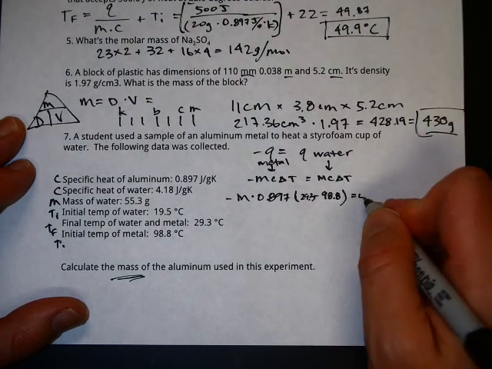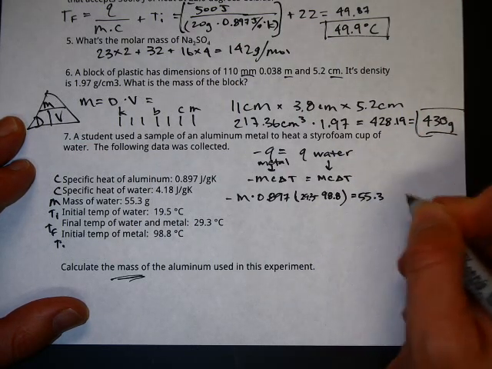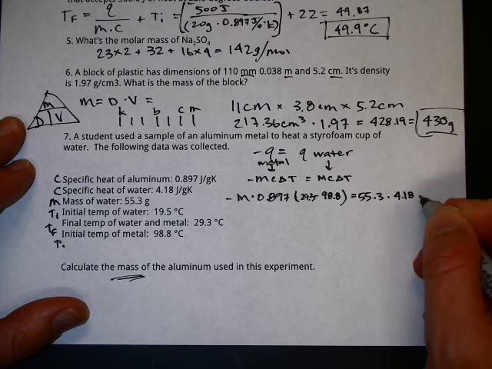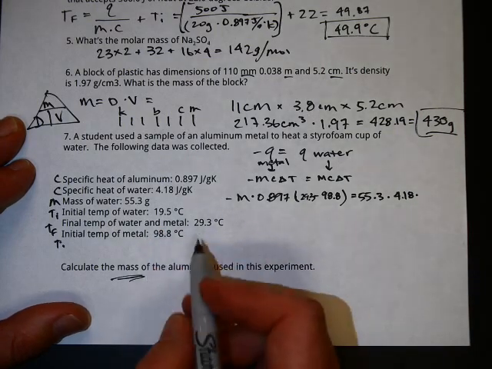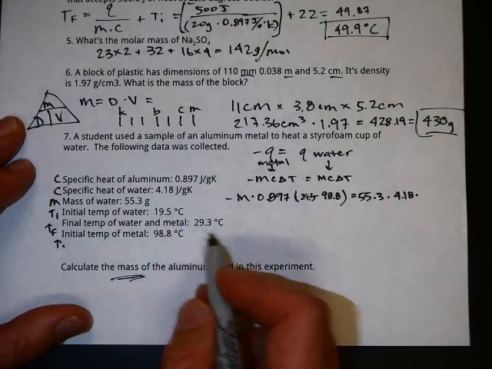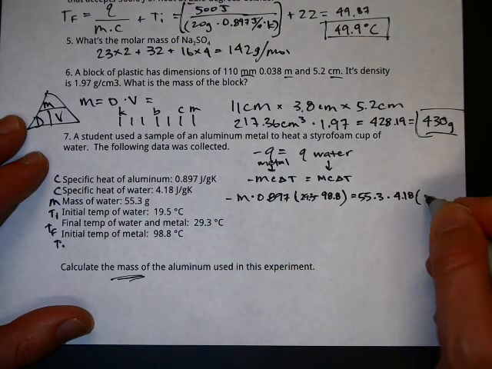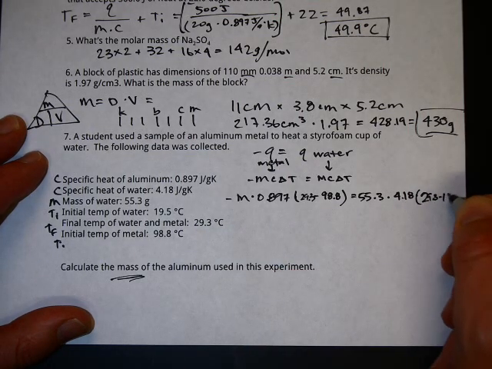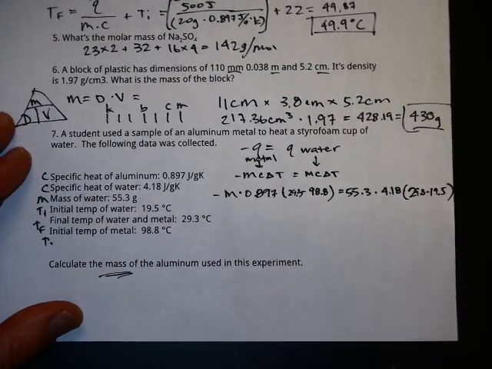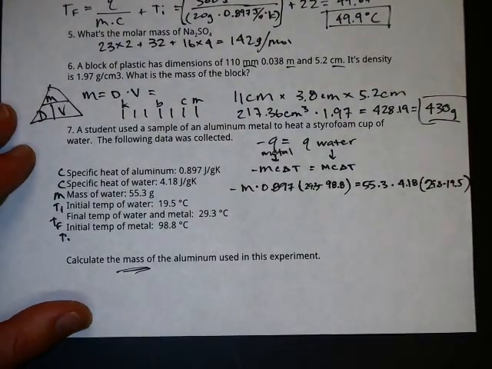The mass of the water is 55.3. Specific heat is 4.18. And the water temperature change was 19.5, and it went up to 29.3. So 29.3 minus 19.5. Okay, got to simplify a little bit here.